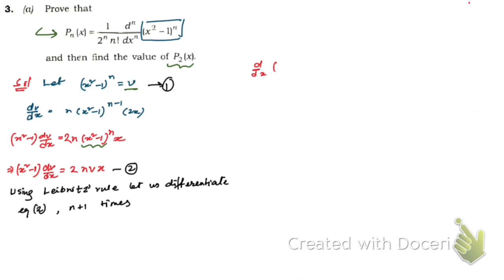The Leibniz theorem is given for the derivative of, suppose, u and v. There are two functions. If you want to differentiate n times, then what are you going to get? You're going to get u and the derivative of this one, d^n by dx^n, the nth order derivative of v with respect to x.